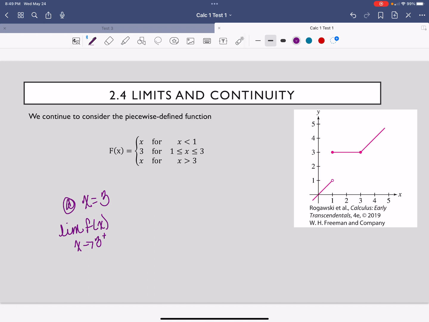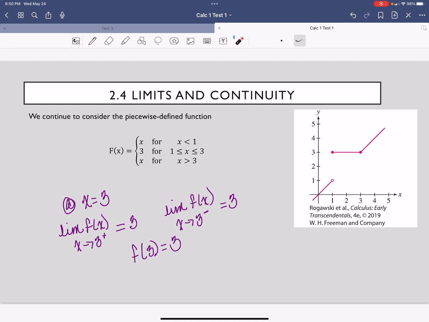As x approaches 3 from the right, that's this direction right here, we are also approaching 3. Then when we look at the limit of f of x as x approaches 3 from the left, from this direction right here, we are also approaching 3. And then we want to look at f of 3, and f of 3 is also 3.